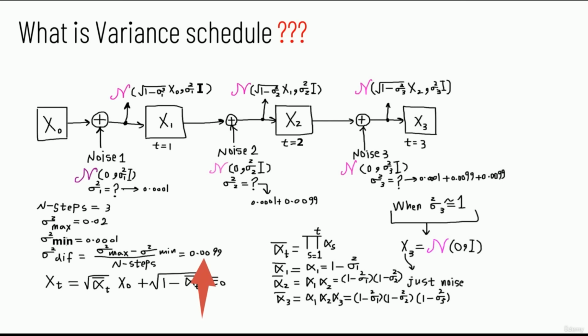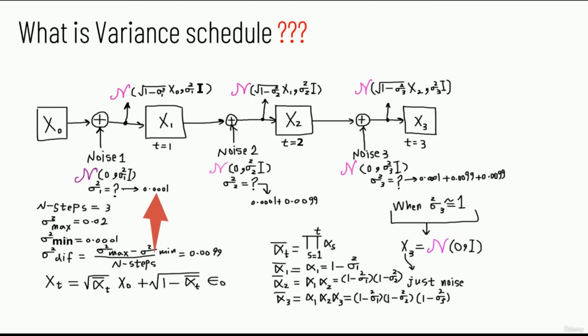The result will be 0.0099. This is the amount that we will add to the variance of the previous noise to get the variance of the noise that we will add at the current time step. We will call this amount the step size.